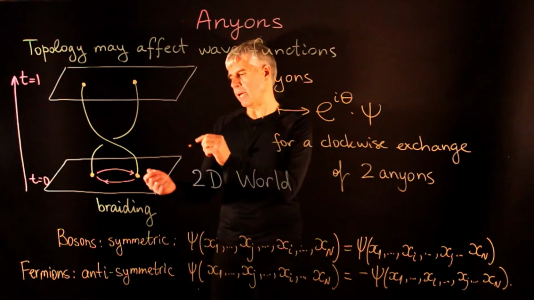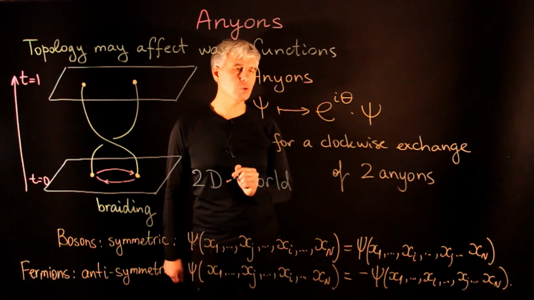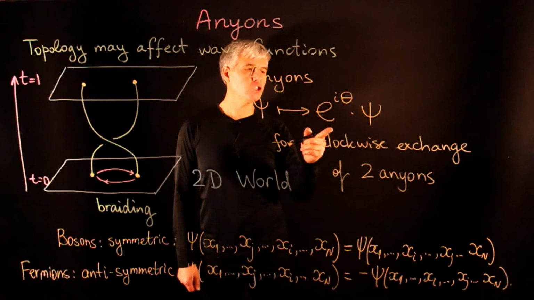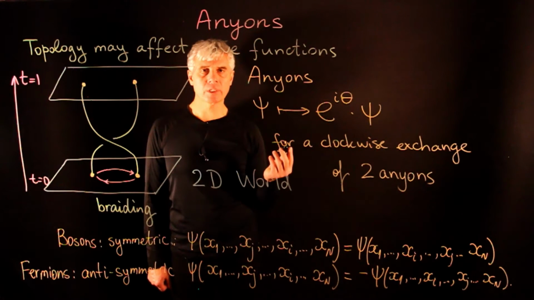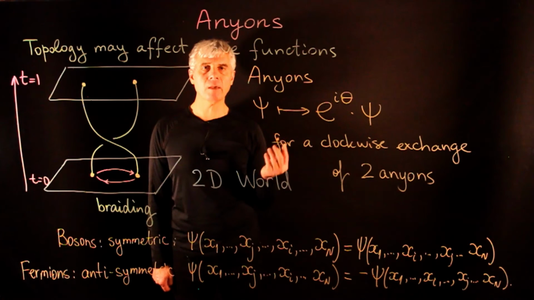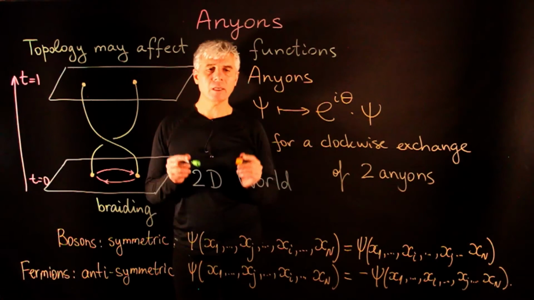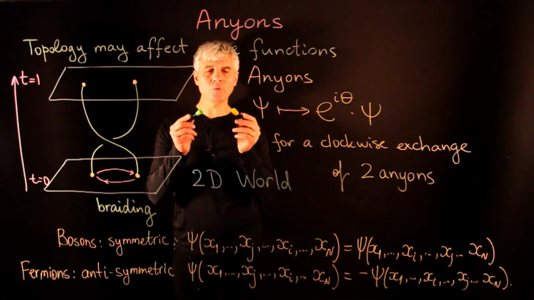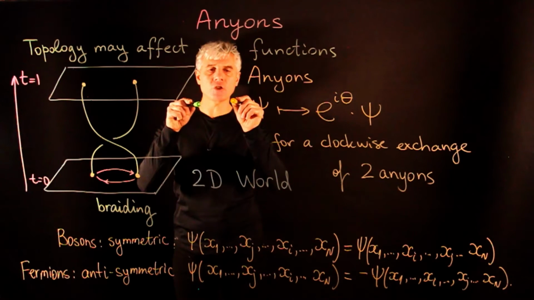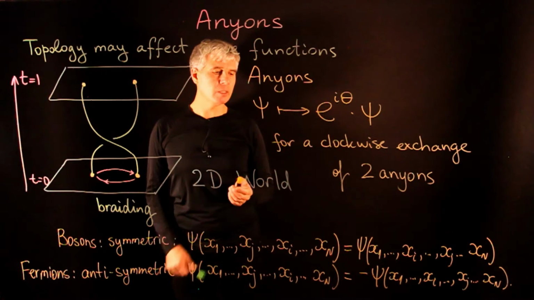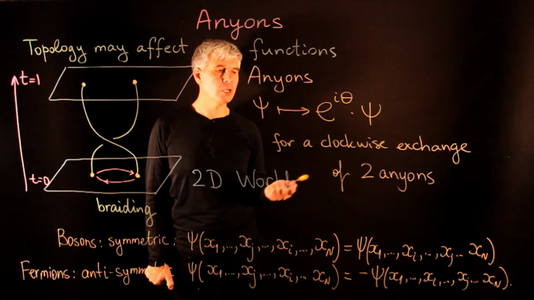And if we make a full clockwise exchange of two anyons, then the phase shift will be e to the 2i theta. The behavior of anyons is quite different from the behavior of bosons and fermions. If we take two bosons or two fermions and we make a full 360-degree exchange of these two particles, then the wave function will not change.